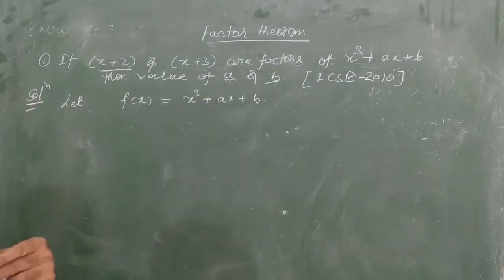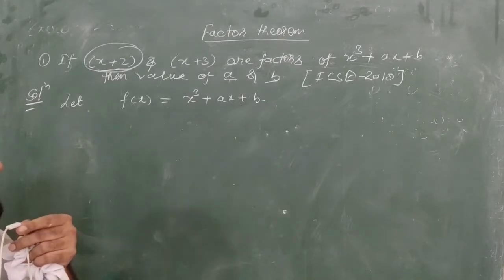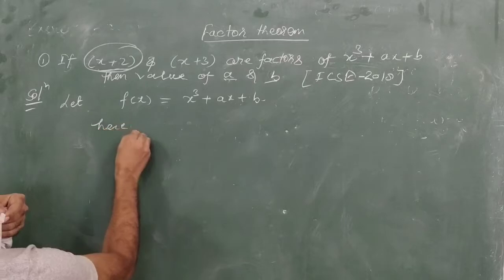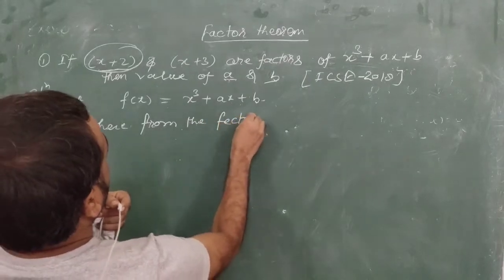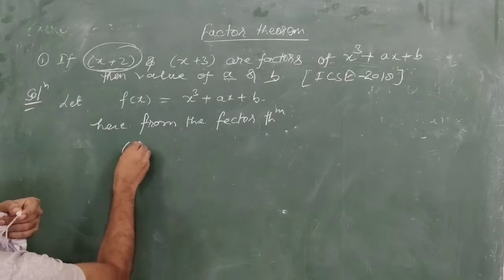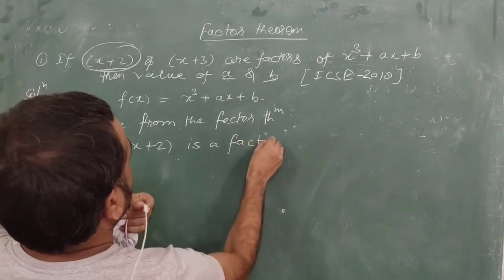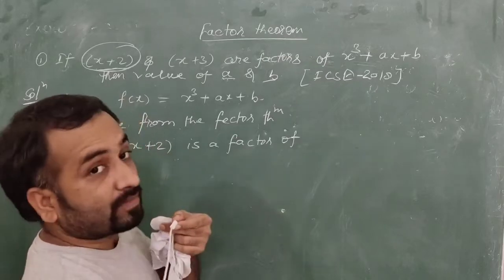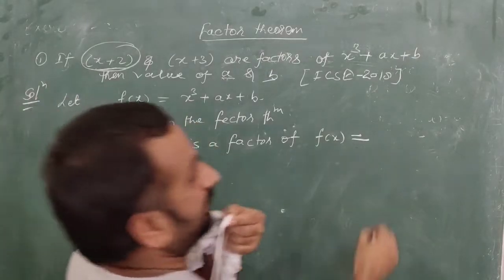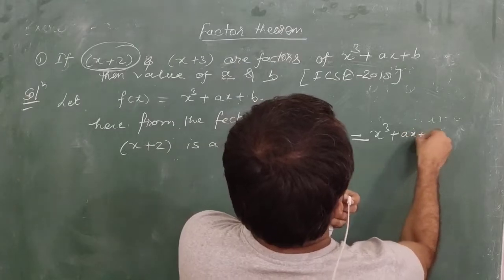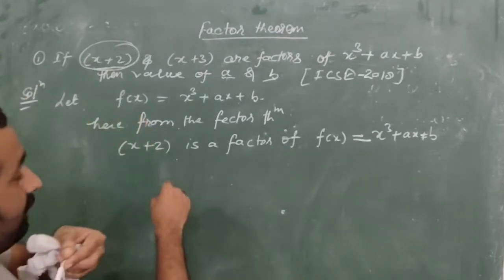Okay. And this is given. If x plus 2 is a factor of x cube plus ax plus b, then from the factor theorem, x plus 2 is a factor of f(x), and f(x) is x cube plus ax plus b.